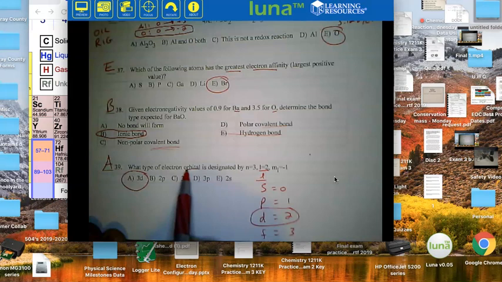An L of 0 is going to be an S subshell, an L of 1 is going to be a P, and L of 2 is going to be a D. So that means if it has an L of 2, it's in a D subshell, and its energy level is 3, so it's a 3D orbital. So A is your answer there.